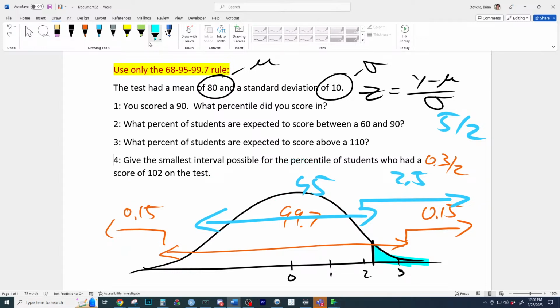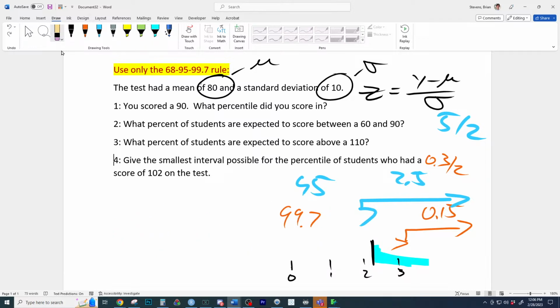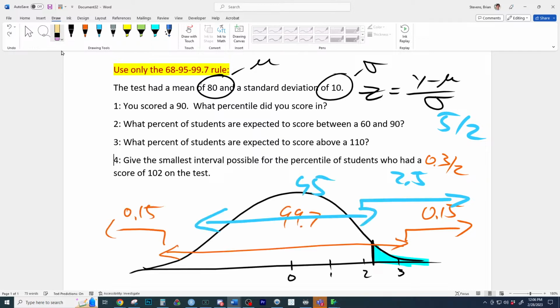So lots of ways to do this. This has been a little bit more advanced. Sometimes we teach to a higher level, but if you're solving these pretty quickly, even though our z-score is 2.2, we still use 2.5. 2.5 is the amount of area above 2 standard deviations. So the z-score of 2.2 is the value over here that we obtained using the formula observation of 102 minus mean of 80 over standard deviation of 10.